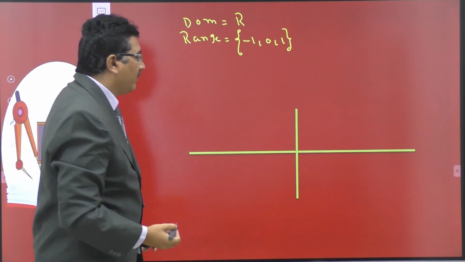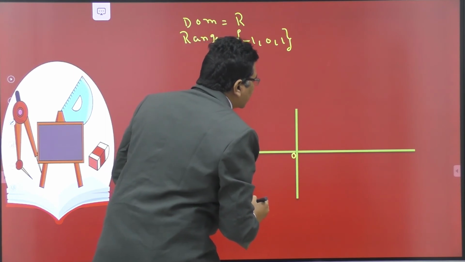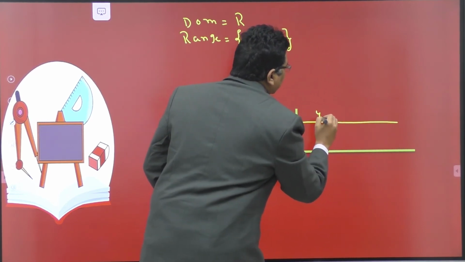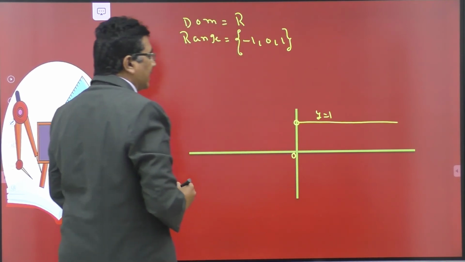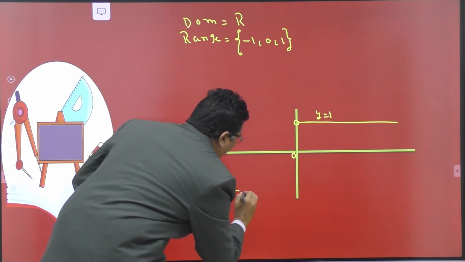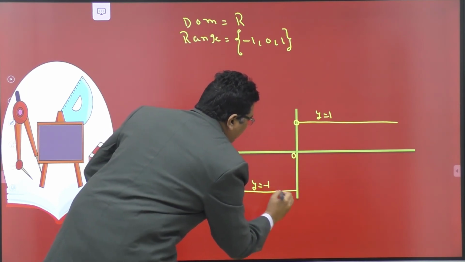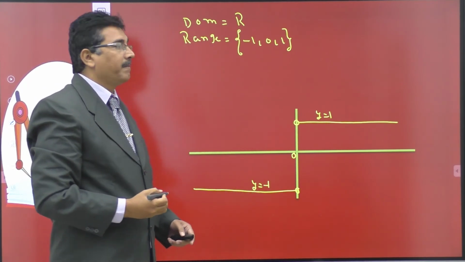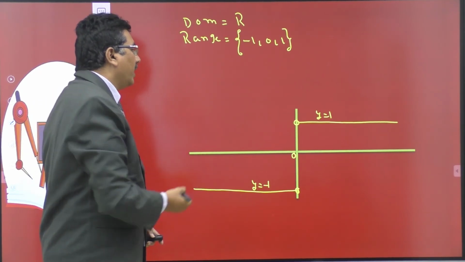From the definition, if x greater than 0, the graph is a straight line, that is y is equal to 1. Now, if x less than 0, the graph of this function is a straight line, y is equal to -1. This is the graph of the Signum function. This graph breaks at 0.